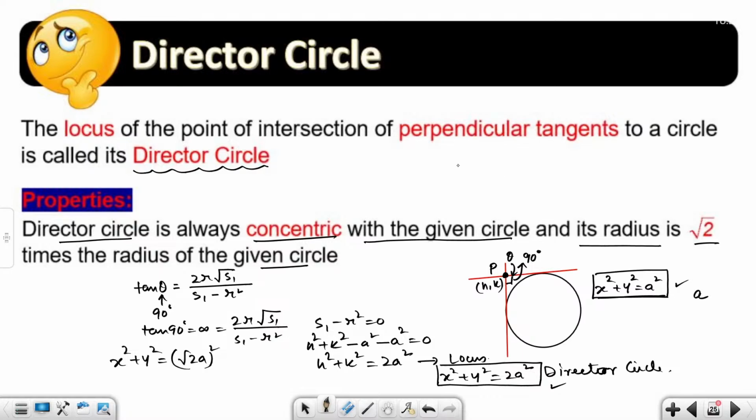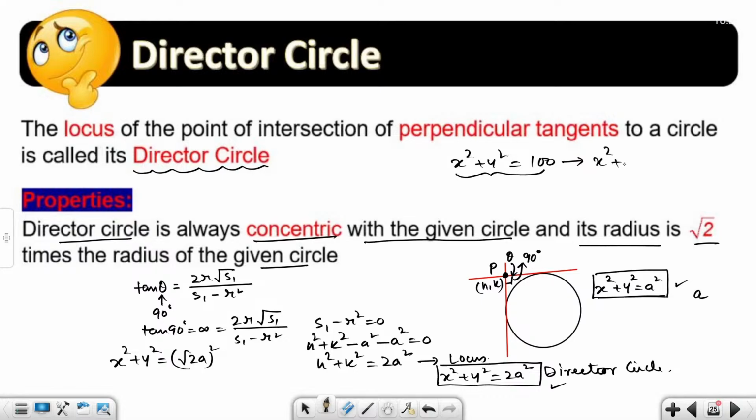So suppose we have taken x square plus y square equals 100, and I ask you to find the equation of the director circle. It is the concentric circle with this circle, but the radius will be root 2 times the radius of this circle.